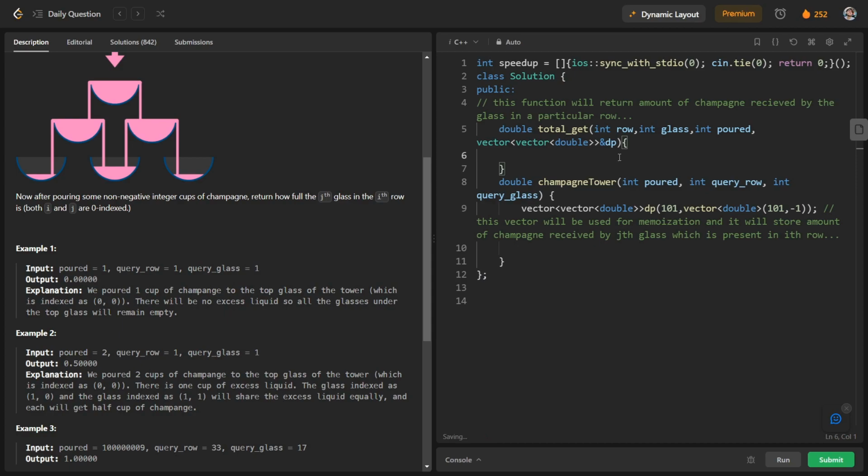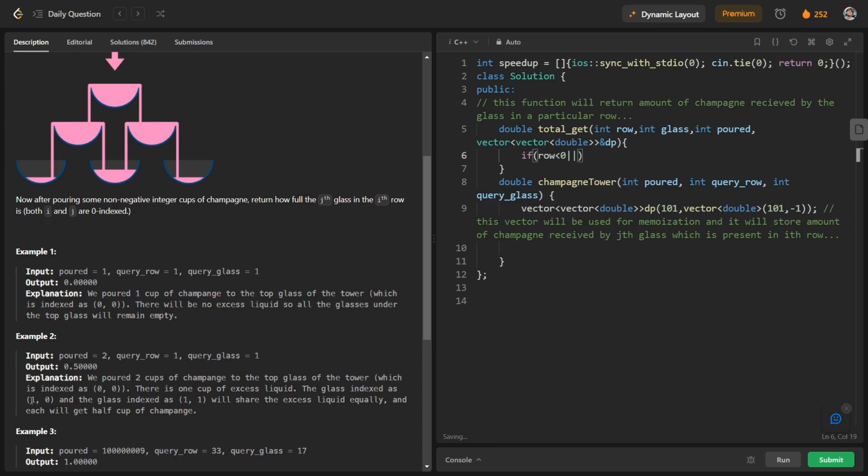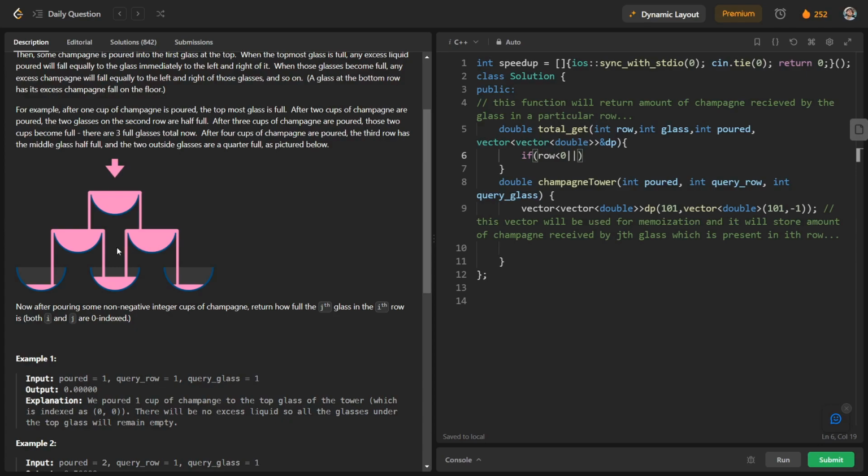So talking about the base cases, if row is less than 0, or you can see that for each row the total number of glasses in any row should always be less than the number of rows. For this second row, the total number of glasses is less than 2. So if glass is greater than row, this is a case of violation, so we will return 0.